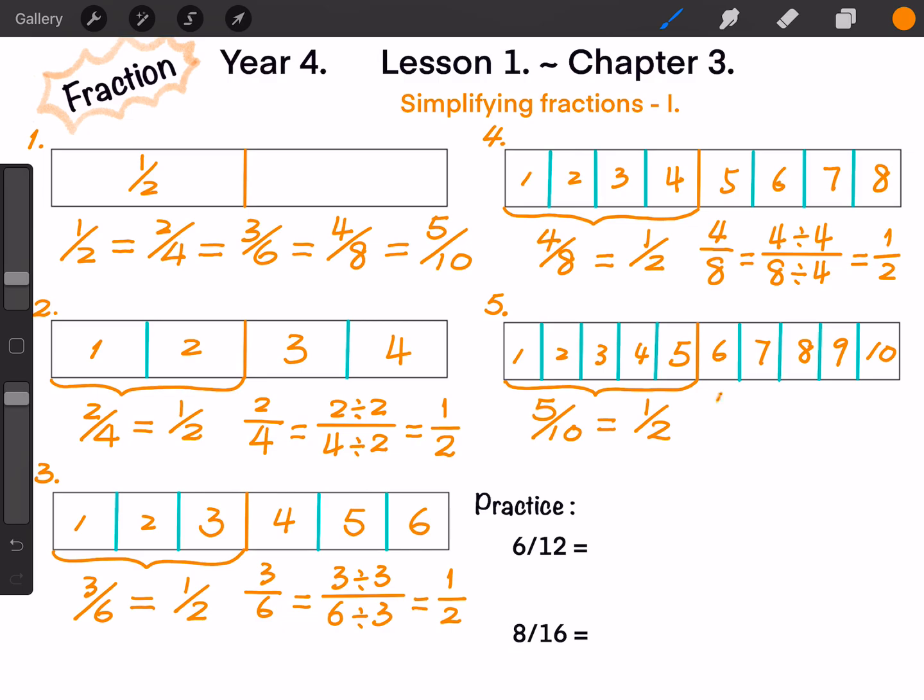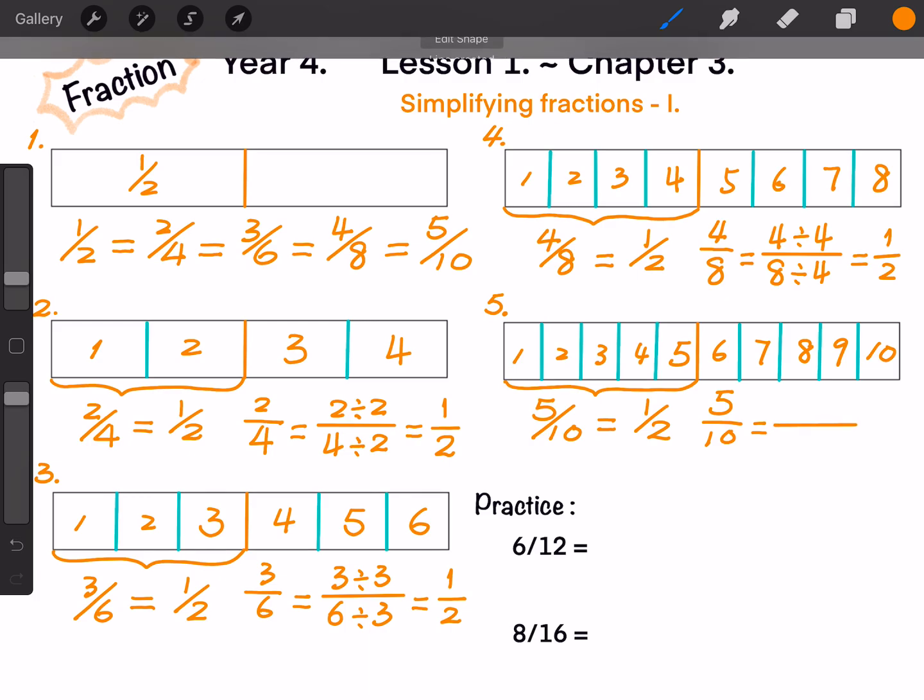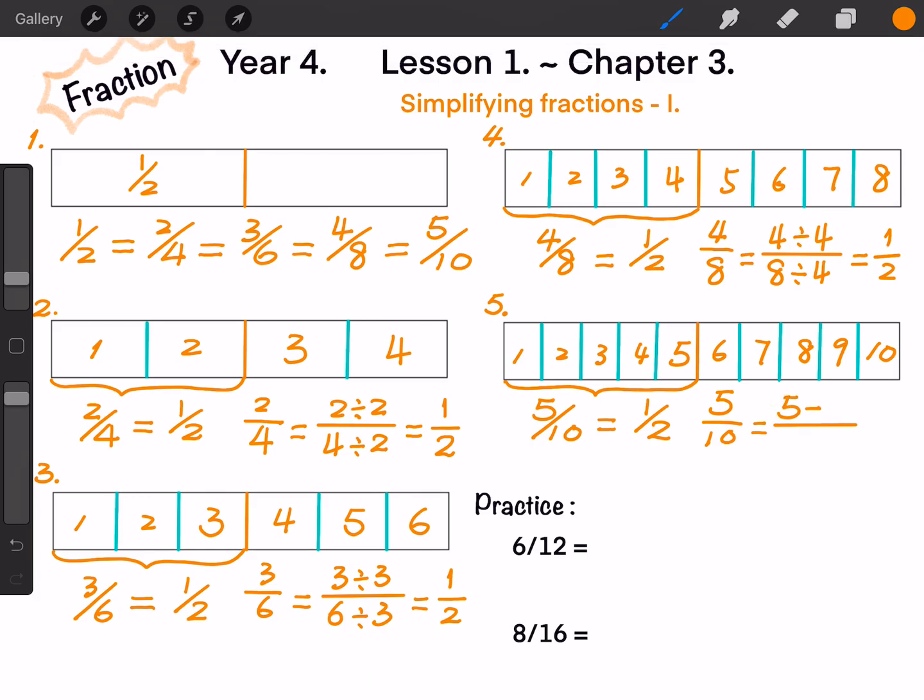Let's check out 5/10. Again, the numerator, 5 divided by 5. So the denominator should be divided by the same number. So 10 divided by 5 equals to still 1/2.